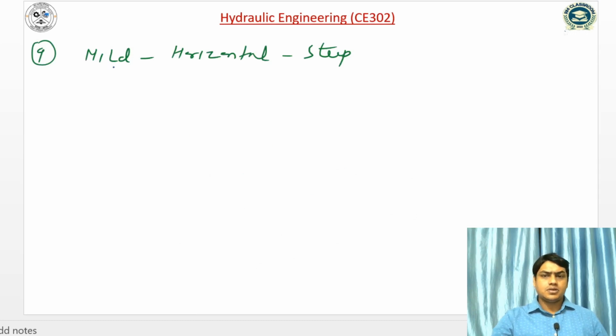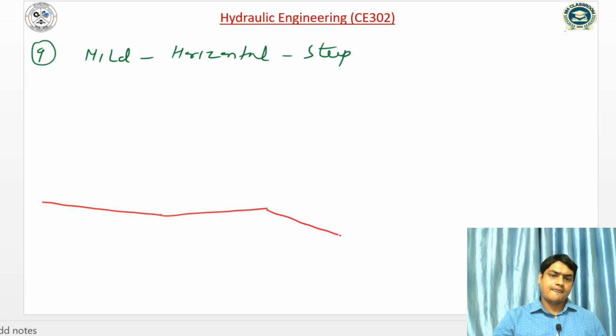Now I am taking the three types of flow: mild, horizontal, steep. So there are two control sections.